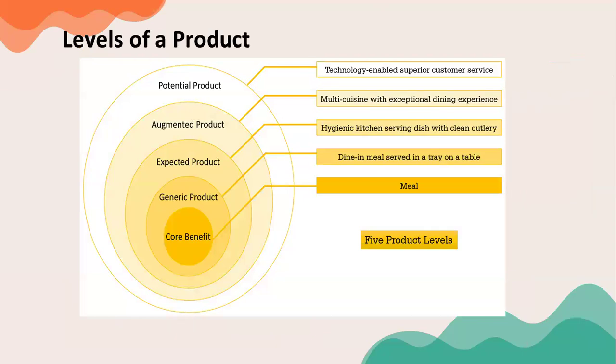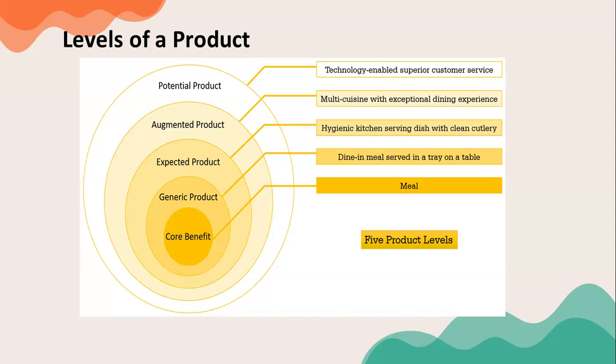So these are the levels of the product. The core benefit is the basic product, and the generic product is how it is given to the customer. The expected product is what the customer is expecting, and the augmented product is what the customer is not expecting, but the producer is providing some extraordinary services, products or function options in order to attract more and more customers, right?